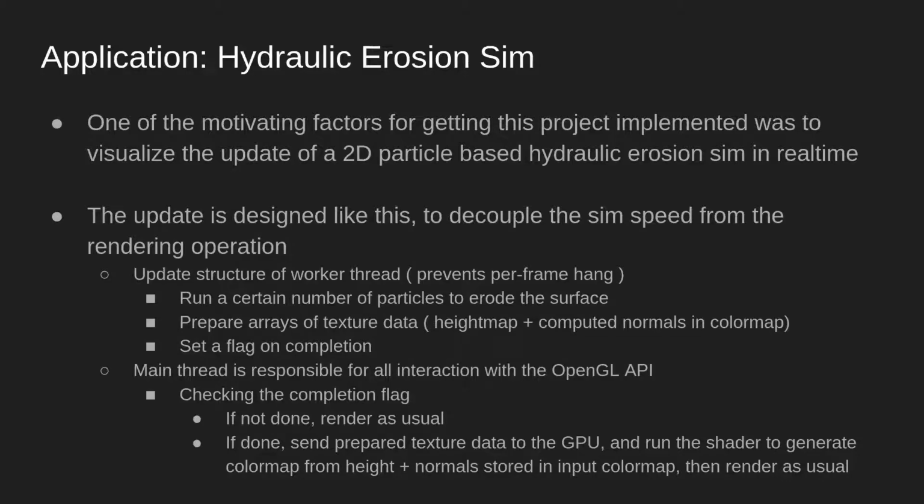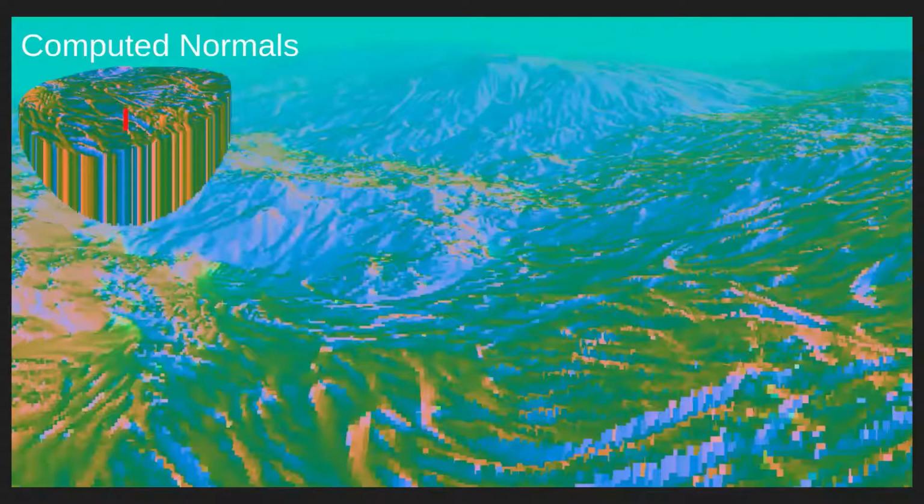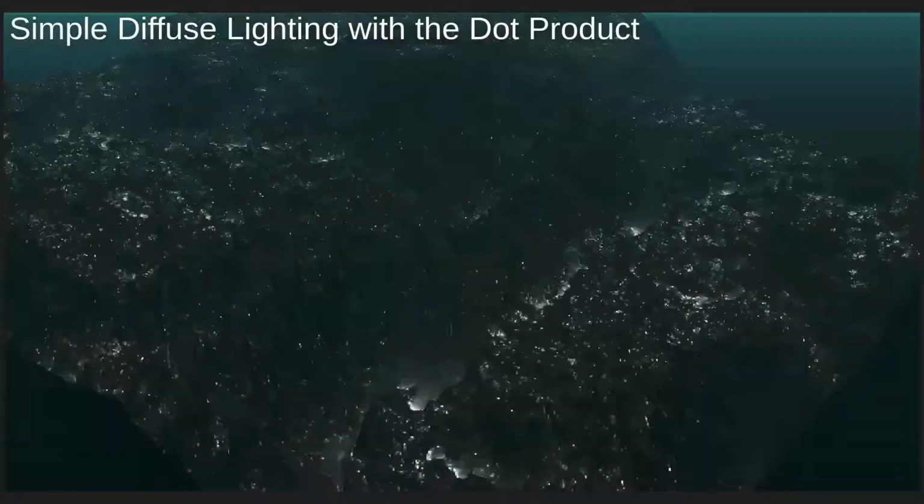So what those computed normals look like is a little bit obnoxious, but basically this gives you a way to do some basic lighting. If you take a dot product with that computed normal and a vector pointing straight up, you get highlights on flatter sections, and slopes become darker as they become steeper.